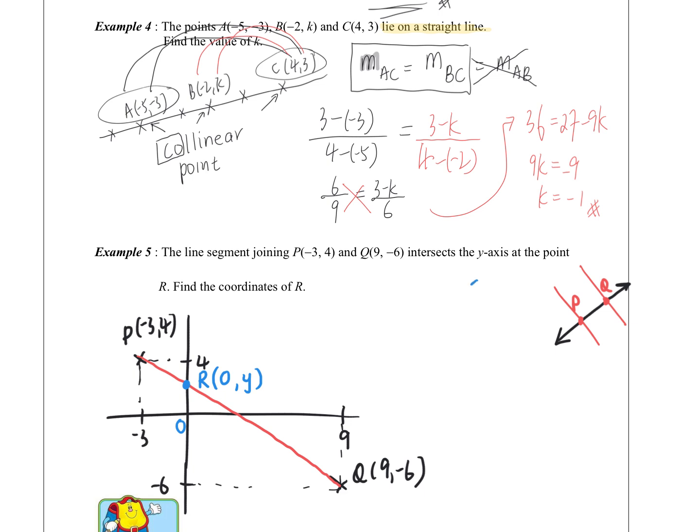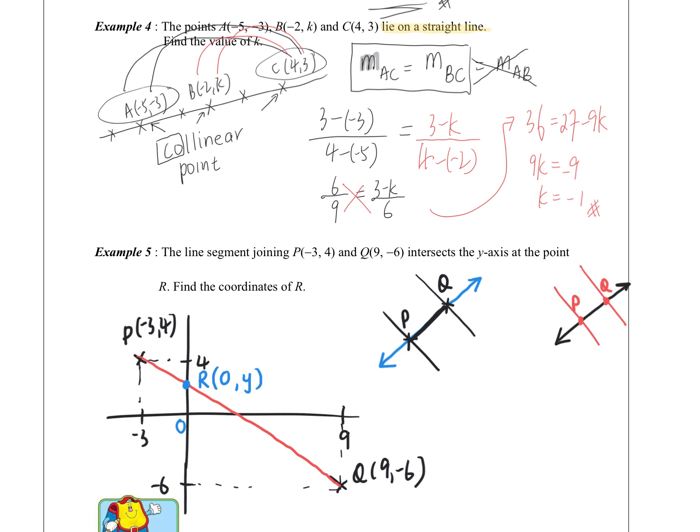A line in our understanding is an unstoppable line. It will extend infinitely from both ends, so both ends will go all the way. But when we say line segment, it chops up the line with two endpoints. So P and Q is a line segment, one segment of that line.